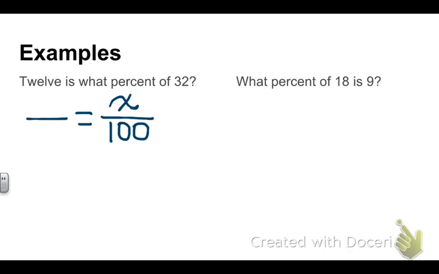Now, the other two numbers that they give us, 12 is what percent of 32? Those is and of words are going to become very valuable. It's saying 12 is, so 12 is the part, all right? And then of 32, of the whole 32. It's going to go on the bottom.